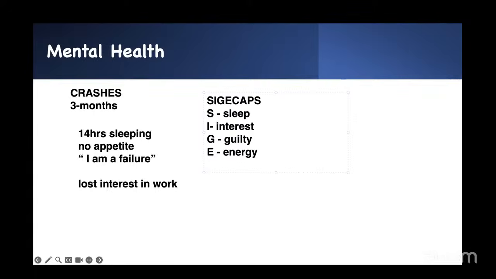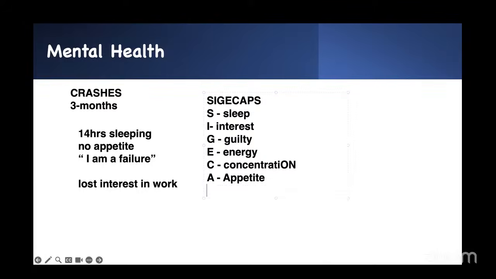That's the energy. And what is going to happen? Their concentration is affected. So this is concentration. The appetite usually can go up or down, so I'll put up and down.